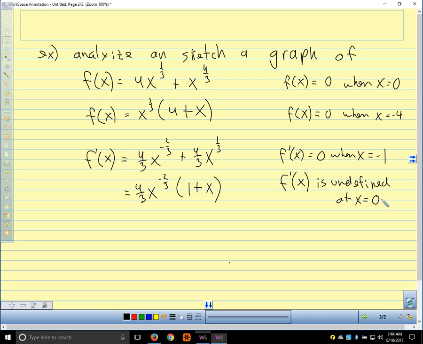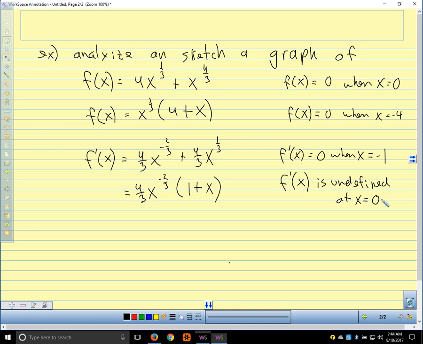So what's going to happen at x equals 0? What's going to happen at (0, 0)? Something special definitely happens. But when our first derivative is undefined, what do we guess is going to happen? Possibly a vertical slope or a cusp.